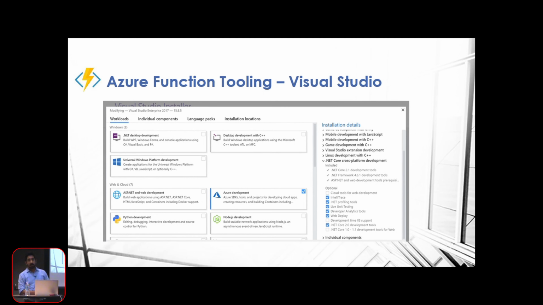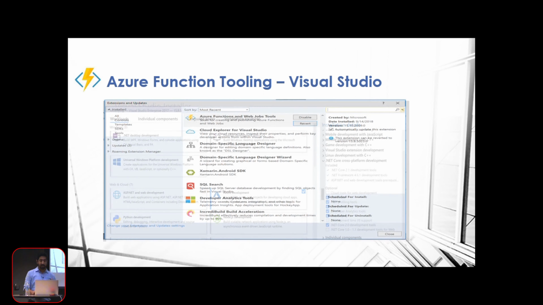For the benefit of all of us who work on Visual Studio, if you want to develop Azure Functions, the primary prerequisite is you should have Azure Development Tools installed as part of your Visual Studio, which includes all the toolkits and SDKs required for developing any cloud app.